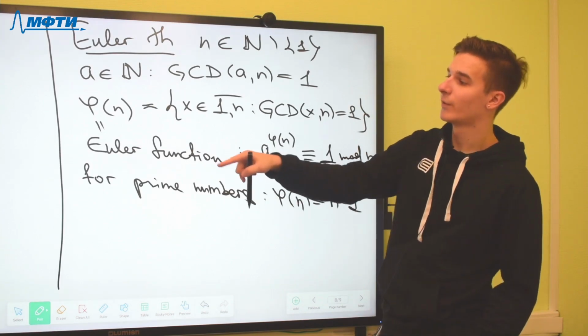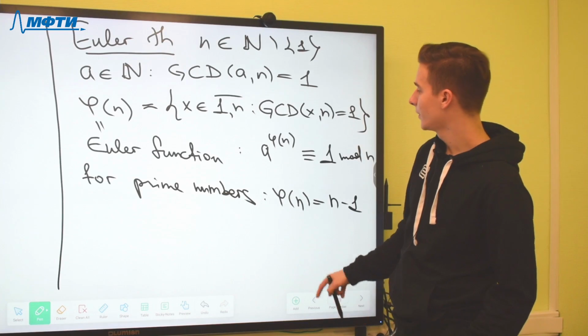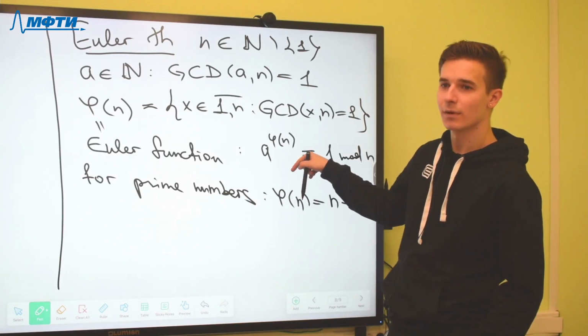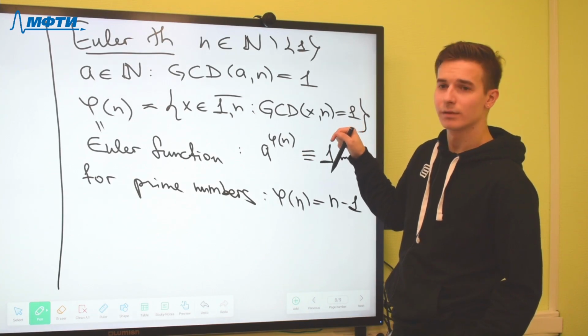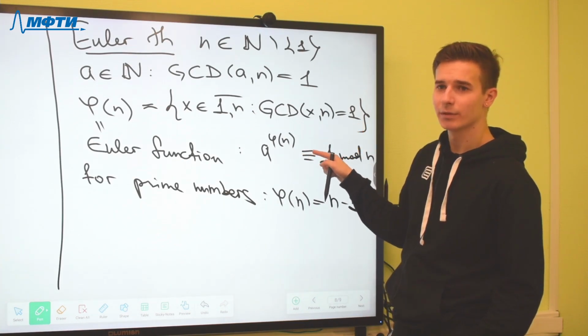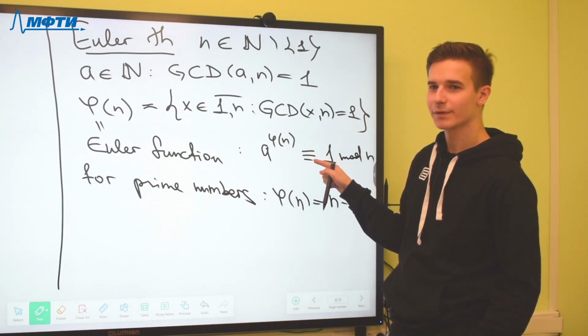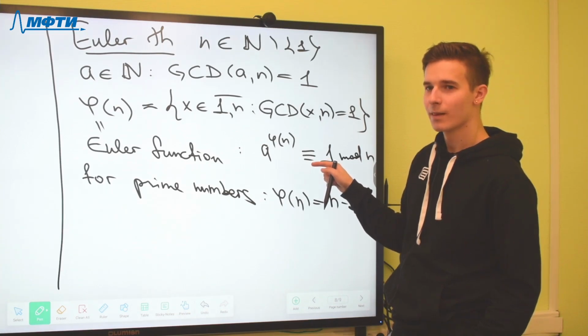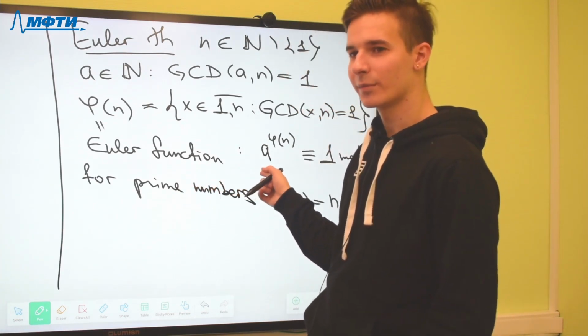So Fermat's little theorem is a corollary of this theorem. And did you ever face this theorem? And do you know the proof of it? We saw it. You don't remember.